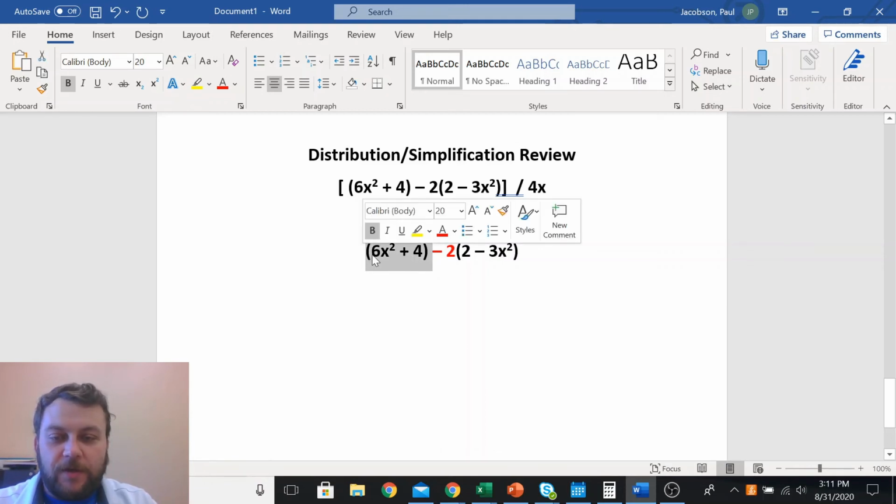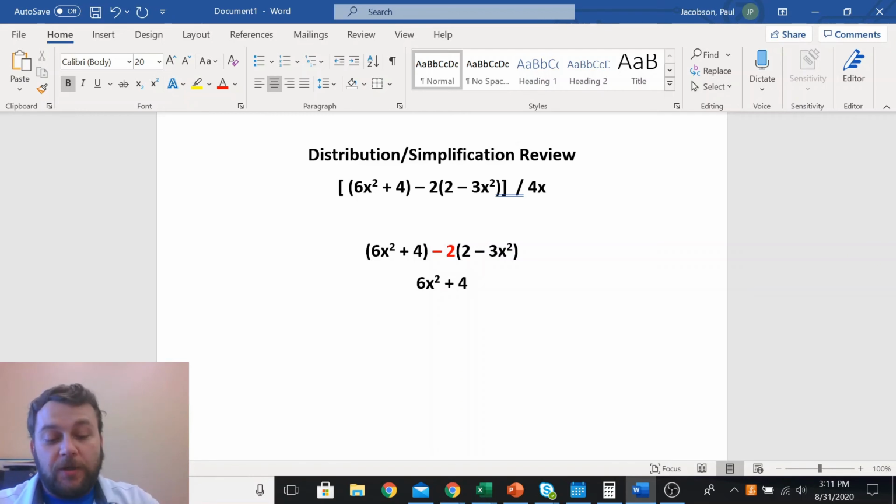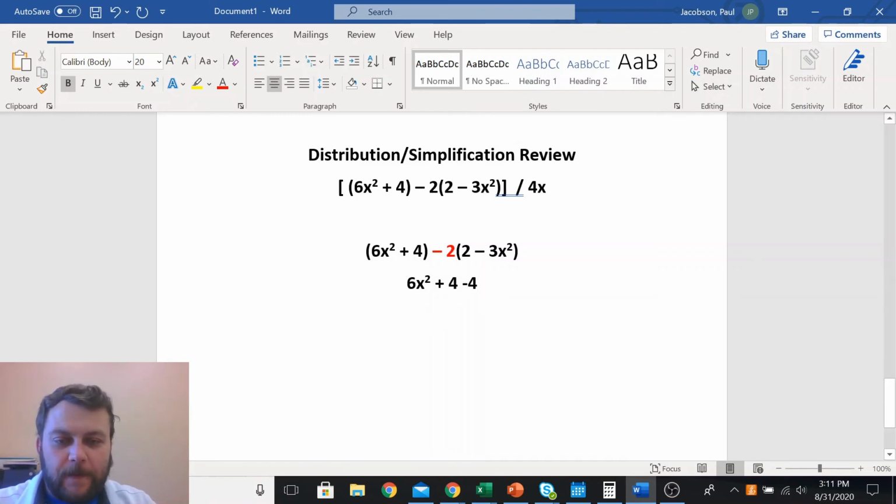I'm just going to copy all of this down, and we don't need those parentheses. Now, a negative 2 times a 2 is a negative 4. I want to make it look like a minus 4.